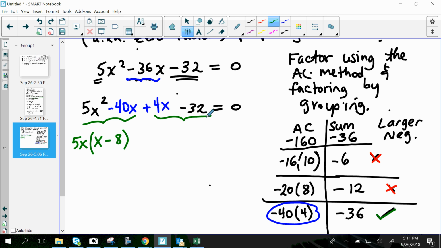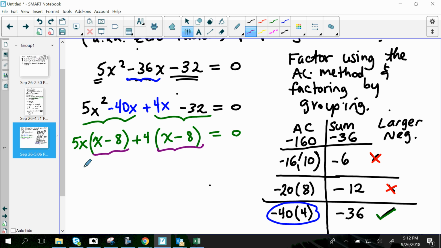From my second pair, positive 4 is the greatest common factor, and that leaves me x minus 8 inside the parentheses. And this is a good sign, because if these two quantities match, you know it's working out. If they don't match, you could have made an error, or it's possible that factoring by grouping will not work with what you're doing.